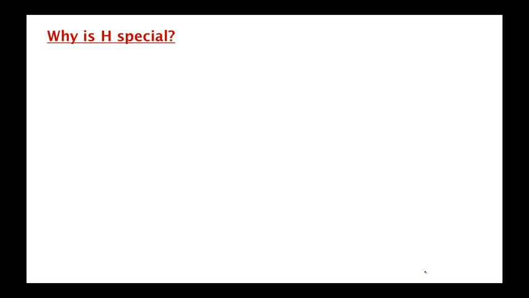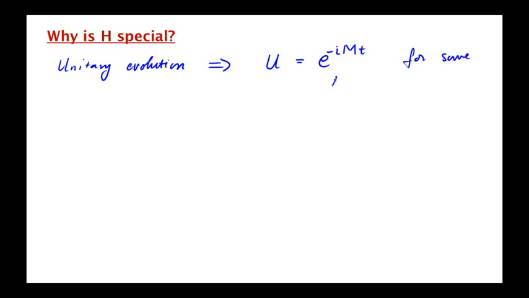So the first thing we observe is that from the axiom of unitary evolution, we can derive with a little bit of work that the time evolution operator must look like e to the minus i M t for some Hermitian operator M. Okay, so let's take this for granted.